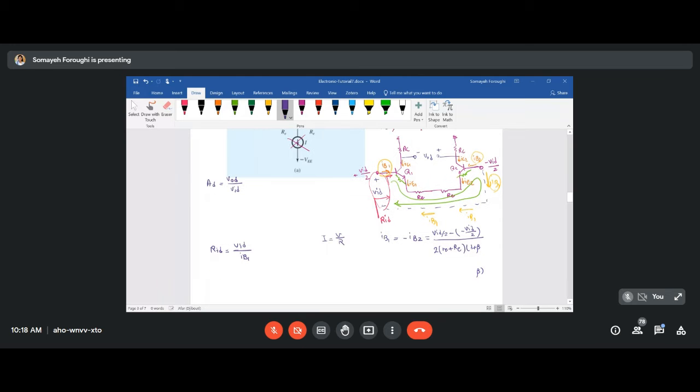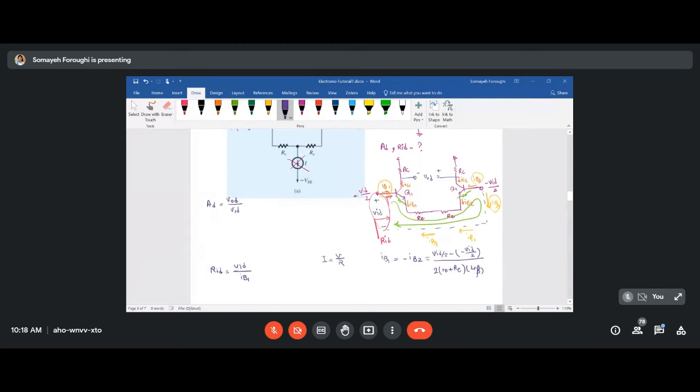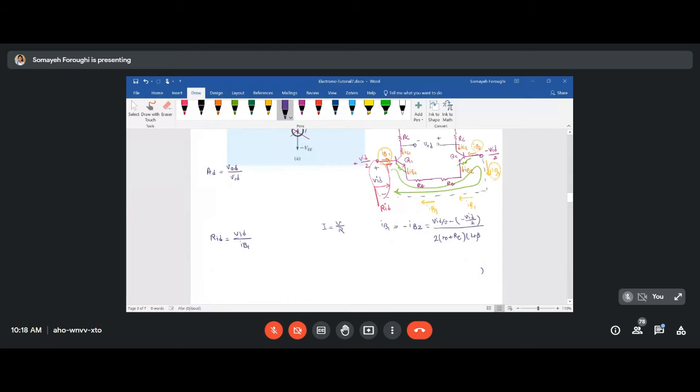Finally, my IB1, which is the negative of IB2, will become VID over 2 times (RE plus the capital RE times 1 plus beta). So far we just found our IB.